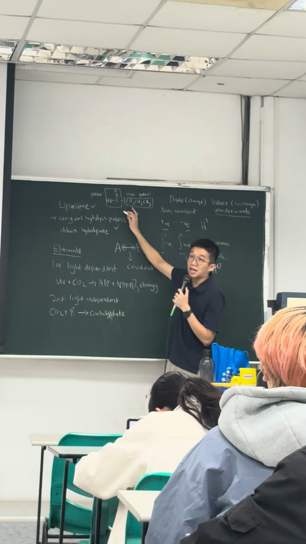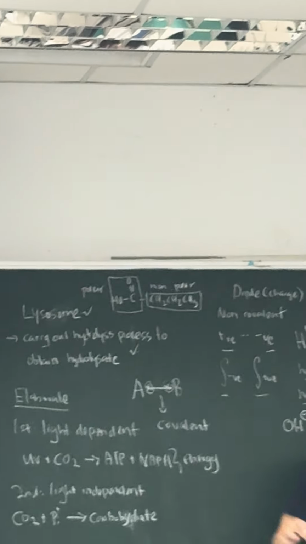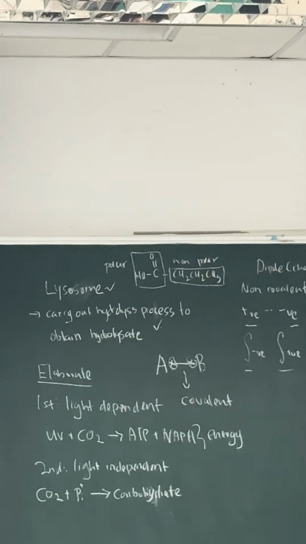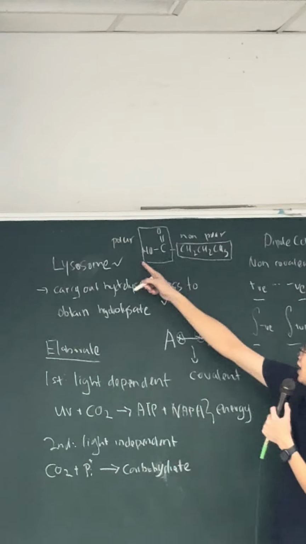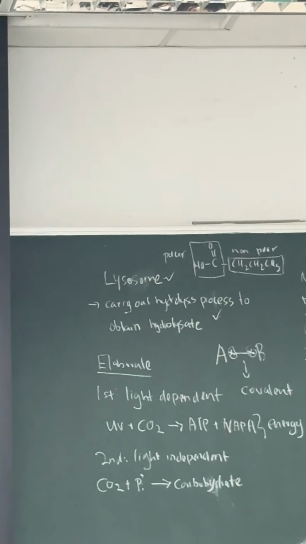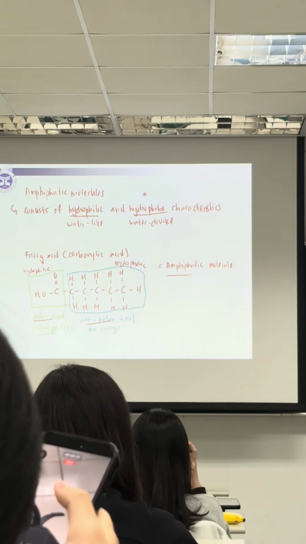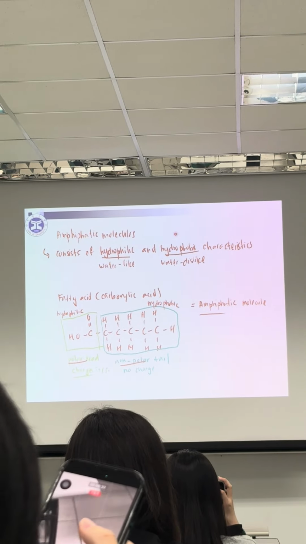So this carboxylic acid is one of the molecules that is amphipathic. It consists of polar and non-polar parts. This is what we mean by hydrophilic and hydrophobic characteristics.